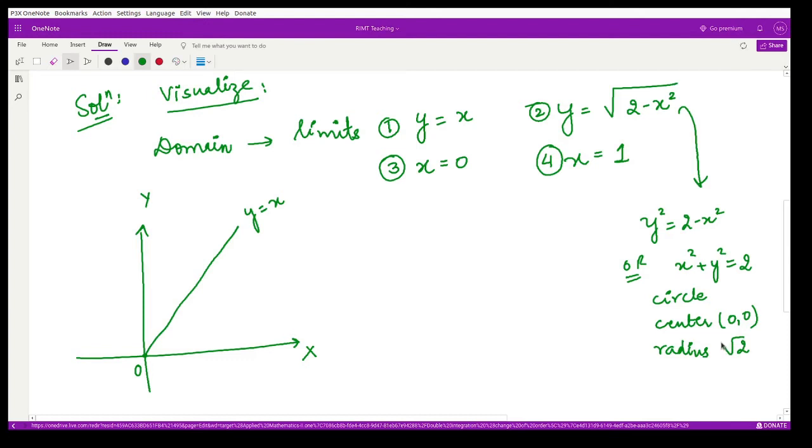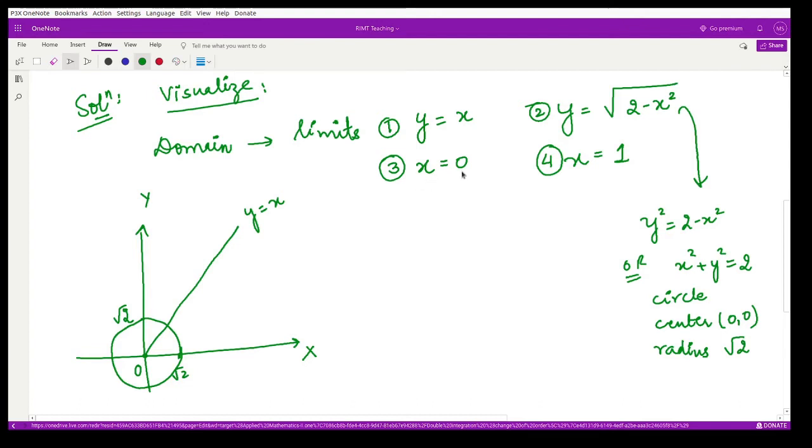So we can draw the circle having center at 0, 0, and square root 2 is somewhere here. So our circle would be something like this, right?